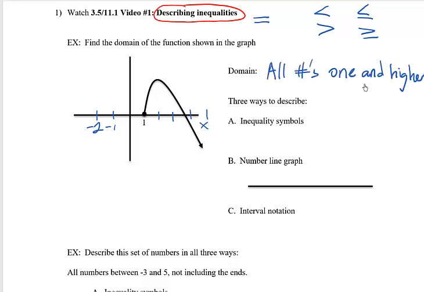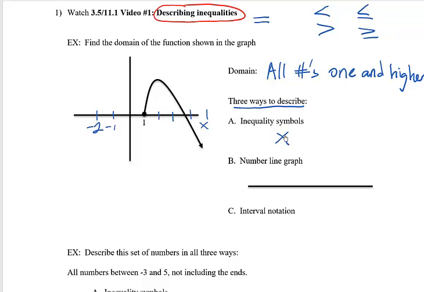That's fine, but how can we describe that set of numbers mathematically? It turns out there are 3 ways you can describe this set of numbers. The first way is using an inequality symbol. That's one of these 4 symbols that we talked about up here. In this case, I'm talking about domain, so I'll use the letter x.